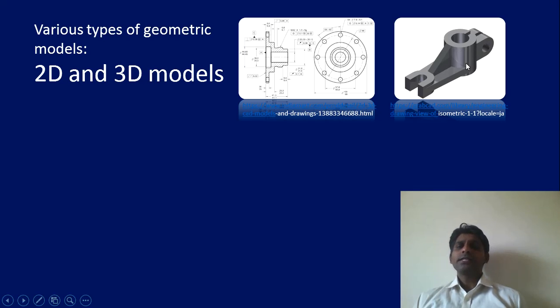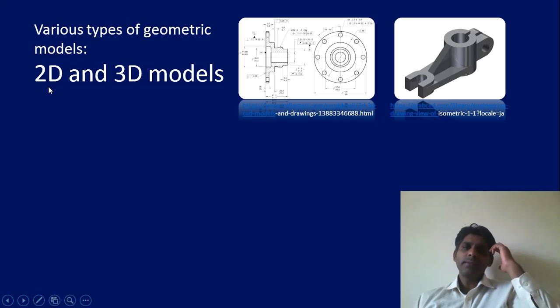You can see that these 3D models or isometric views give us a better picture of how the model is and how it is going to look. And these 2D models or 2D drawings can be more useful for production purposes, for manufacturing activities.